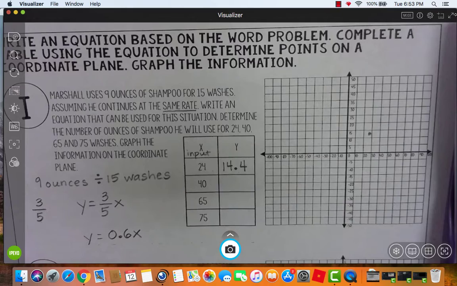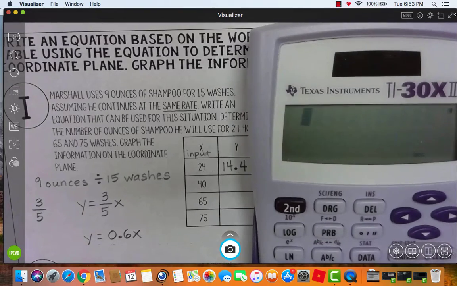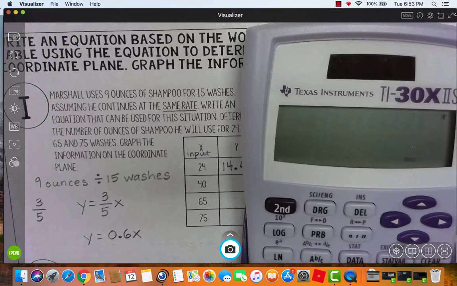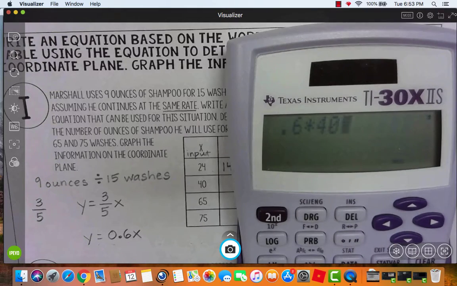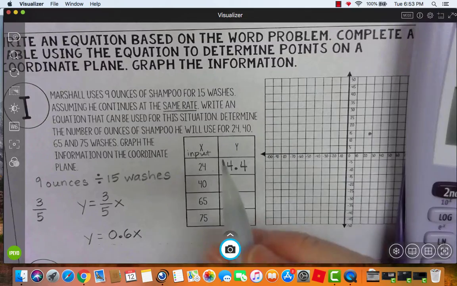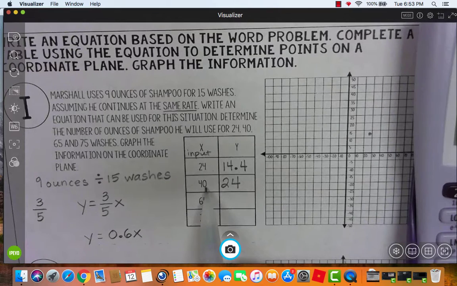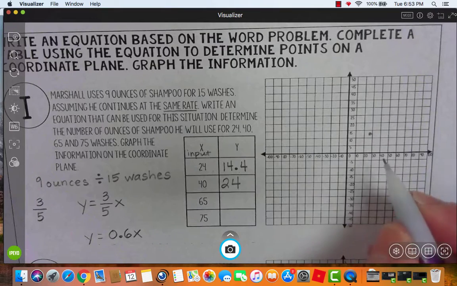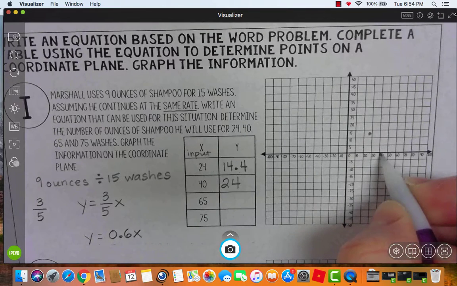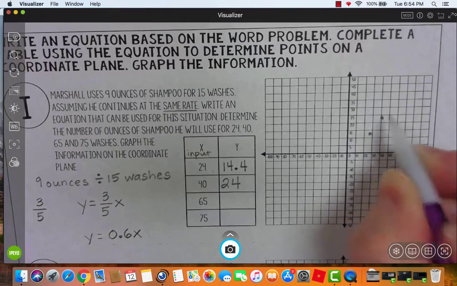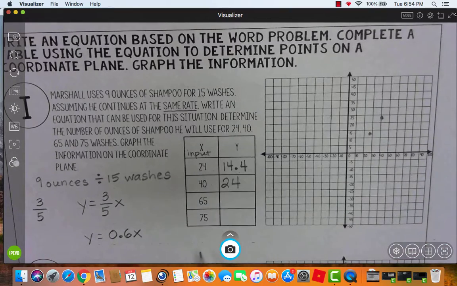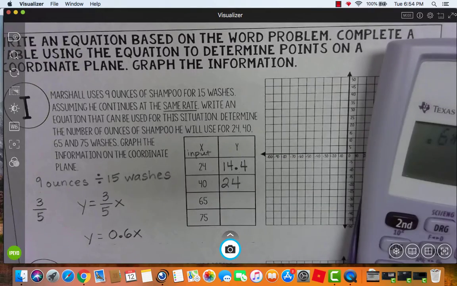Okay, so then I'm going to plug it in again. 0.6 times 40. I get 24. So 40 washes, 24 ounces. And then we just keep going.